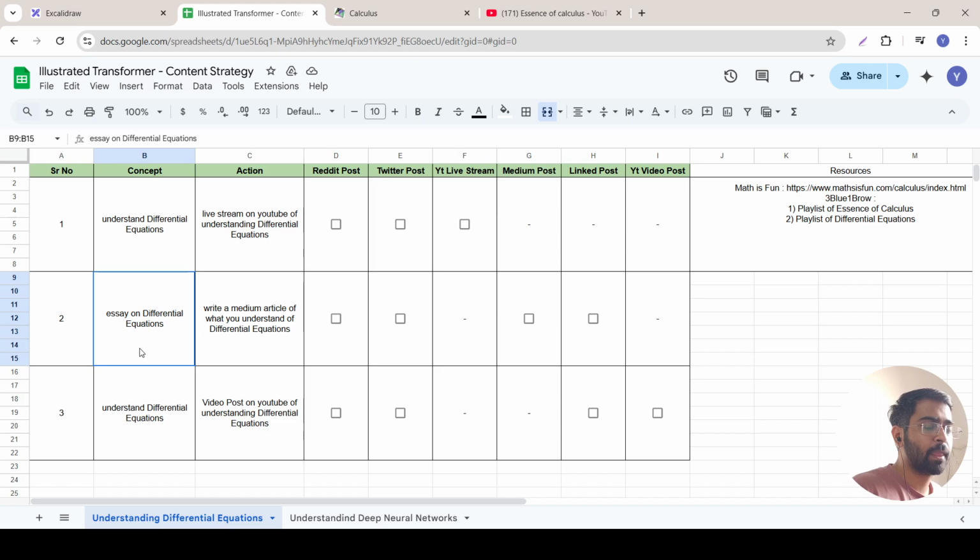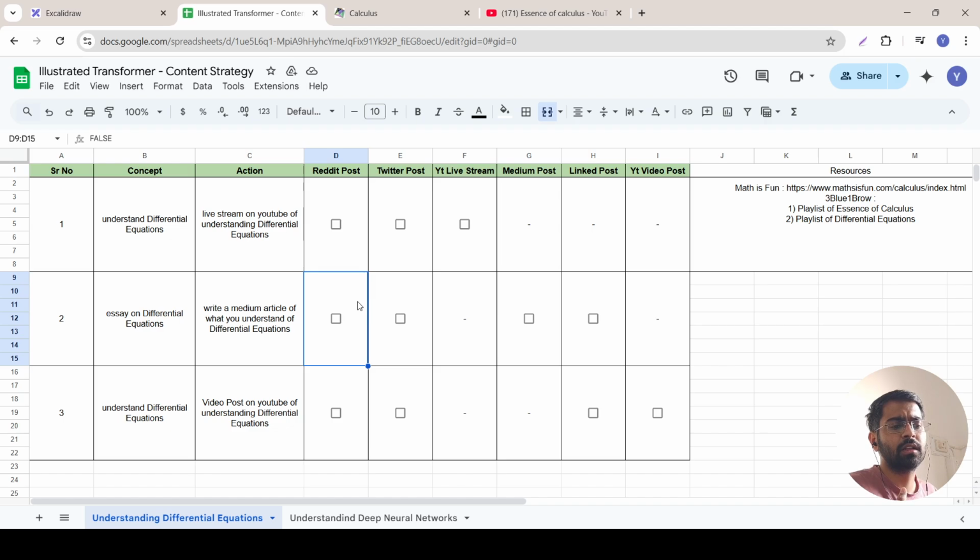Then again, when I write that Medium article, I'll make a social media post on Twitter, obviously Medium, LinkedIn, and Reddit. Okay, I'll be publishing that article. So some of the guys who may be at my level can understand differential equations.